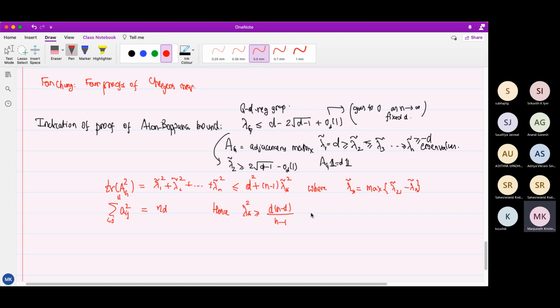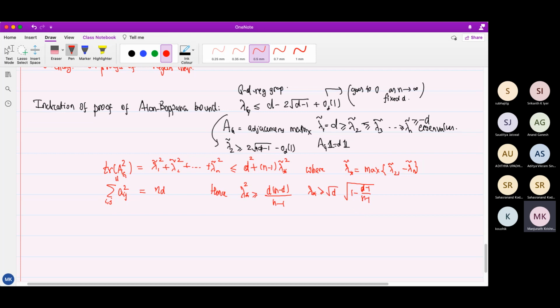Okay, so in other words, approximately, lambda star is greater than or equal to square root of d, times a quantity that is close to 1 if n is large. You can write it as square root of d minus 1 times something close to 1. So this looks like a bound like this. There are two weaknesses. One is there is no factor of 2. So the factor of 2 is missing.